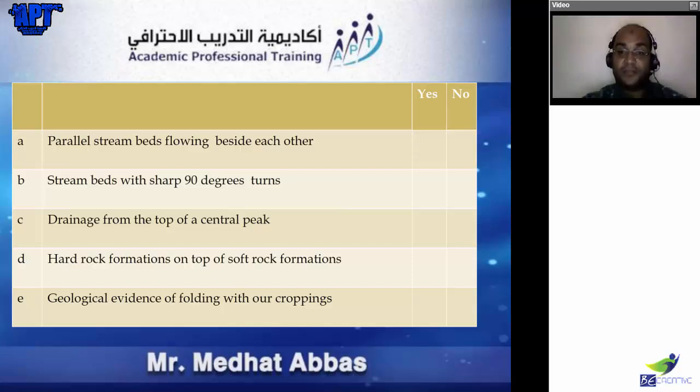The one which is not typical, we will take the box with no. So letter A, parallel stream beds flowing beside each other. Is that applicable or not applicable? Yes, this is applicable.